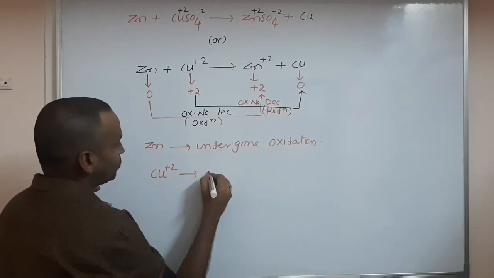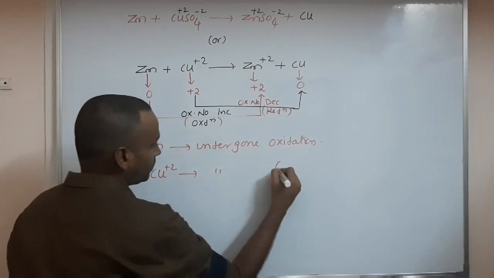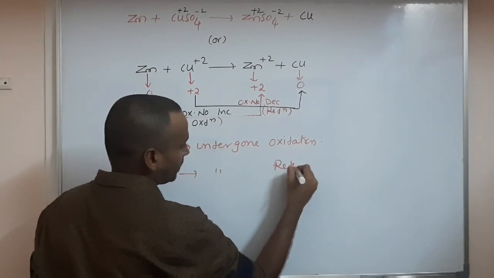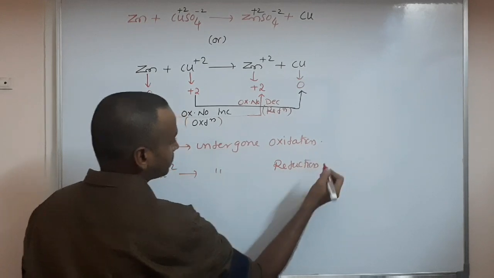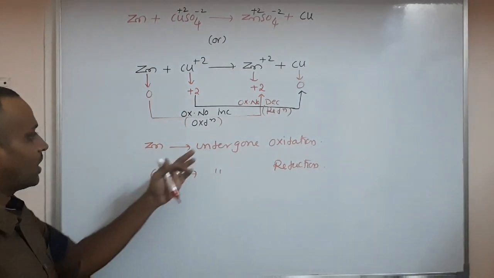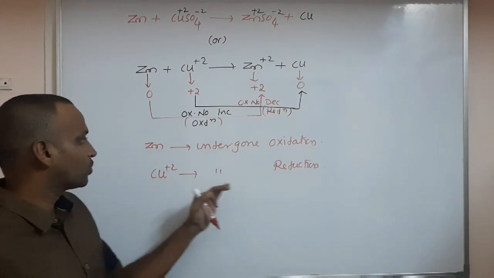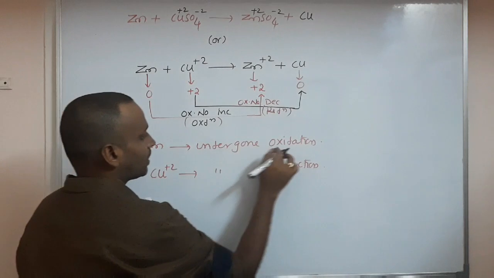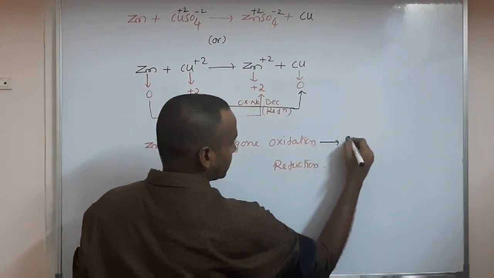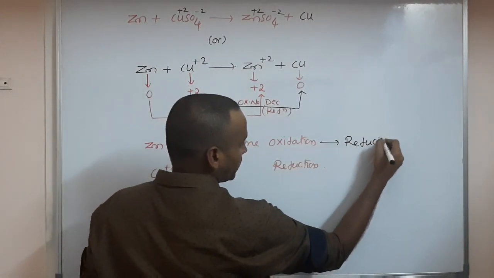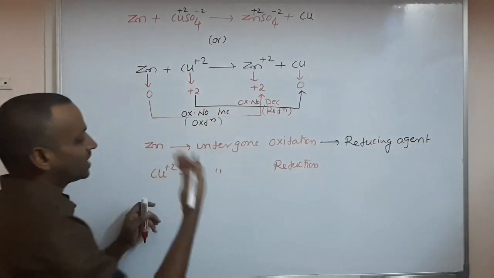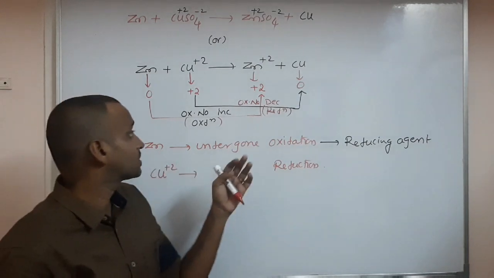And Cu2+ underwent reduction. Clear? So zinc underwent oxidation and Cu2+ underwent reduction. Zinc underwent oxidation means it is the reducing agent. You have to think very clearly. How did I say that, sir?